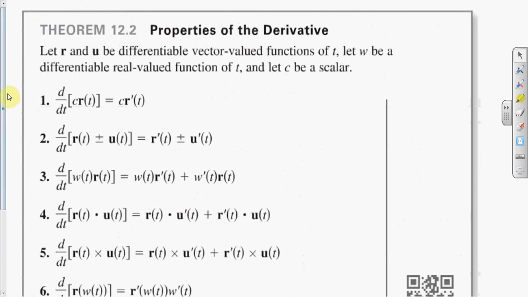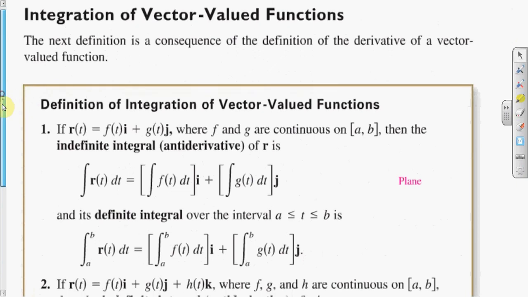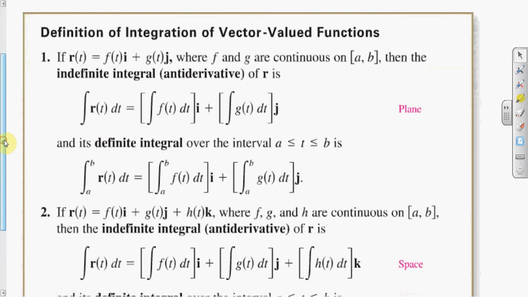So integration, again, when I integrate r of t dt, I integrate f of t, g of t, and then if it's in space, I integrate h of t. Let's look at some problems.